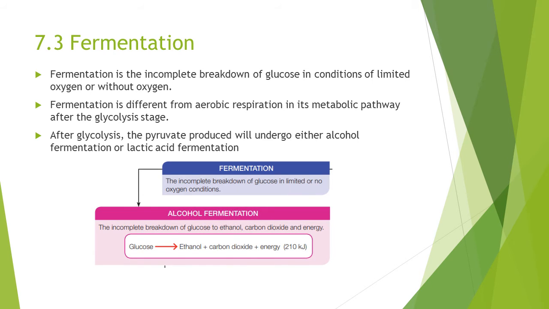Okay, so this is for the glucose. You can see the glucose will be broken down into ethanol plus carbon dioxide and energy, which is 201 kilojoules of energy in yeast fermentation.